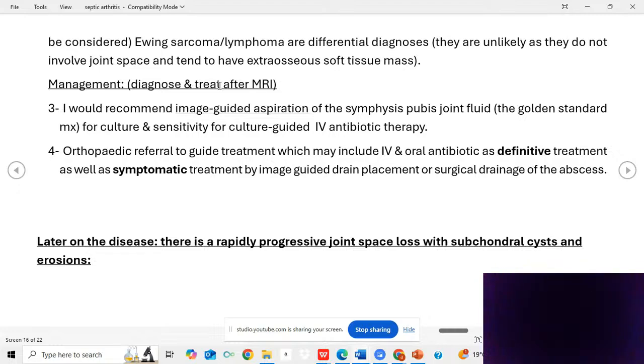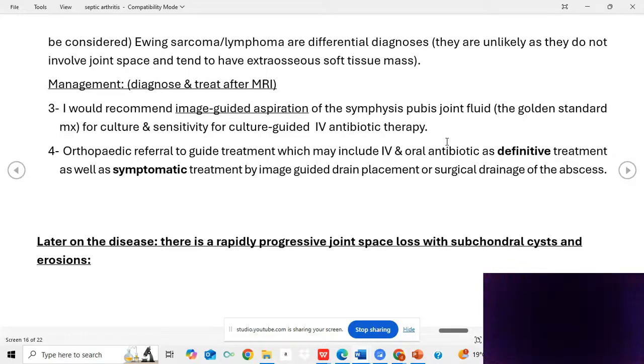How to treat? Treatment is not your role. However, you need to refer the patient to an orthopedic specialist to guide management, which may include intravenous and oral antibiotics as definitive treatment.